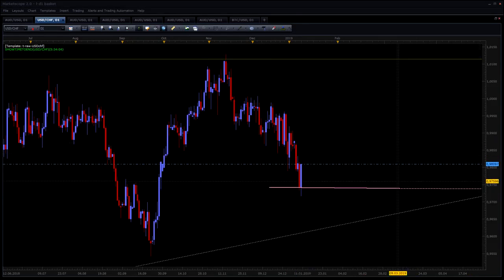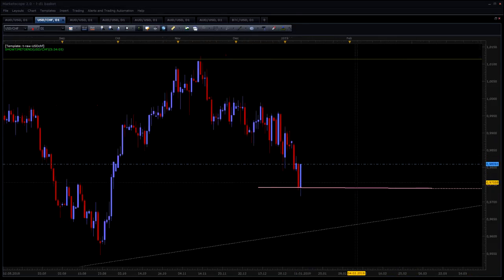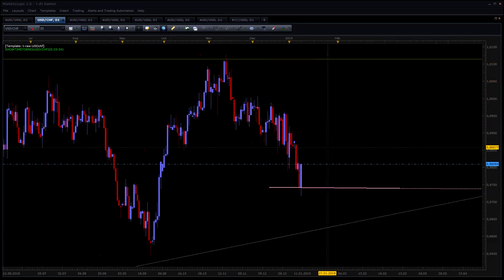And that is that. So what would the risk be? Well, this is 90 pips, this is 100 pips in risk. First target is 150 pips, second target 170, 180, up to 300. All right, well, let's leave it at this.